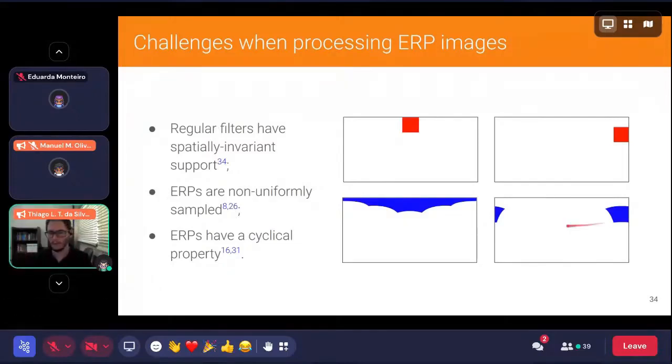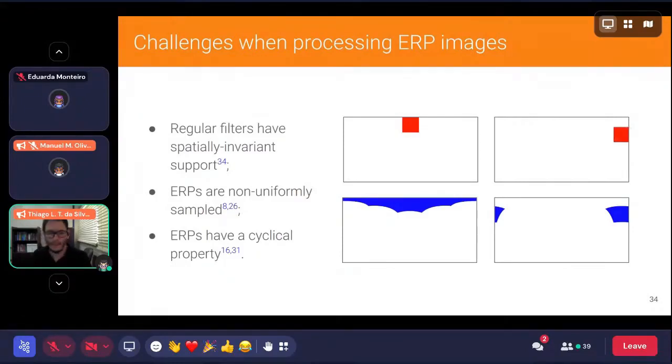So if we are moving our kernel to the right, and then we touch the lateral border here, what we do in classic convolution, for example, is to perform padding, zero padding, or extrapolate information there and compute the convolution as if it was not a problem.